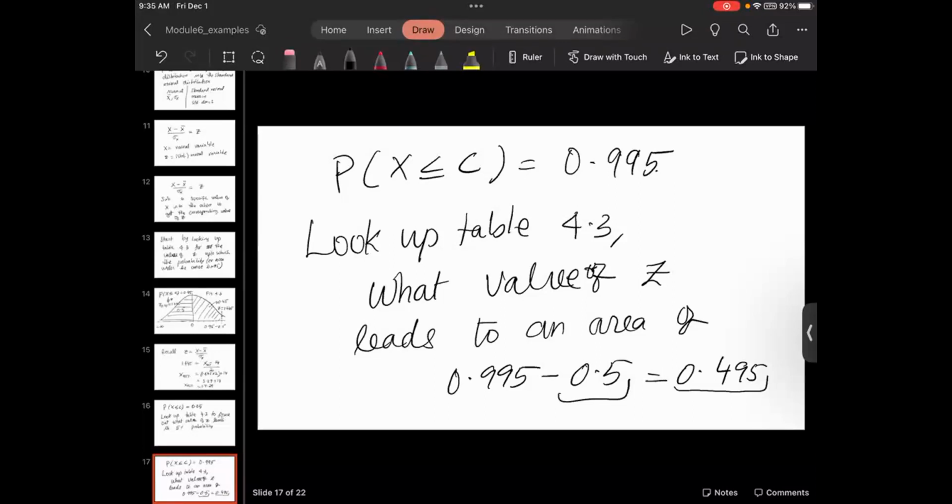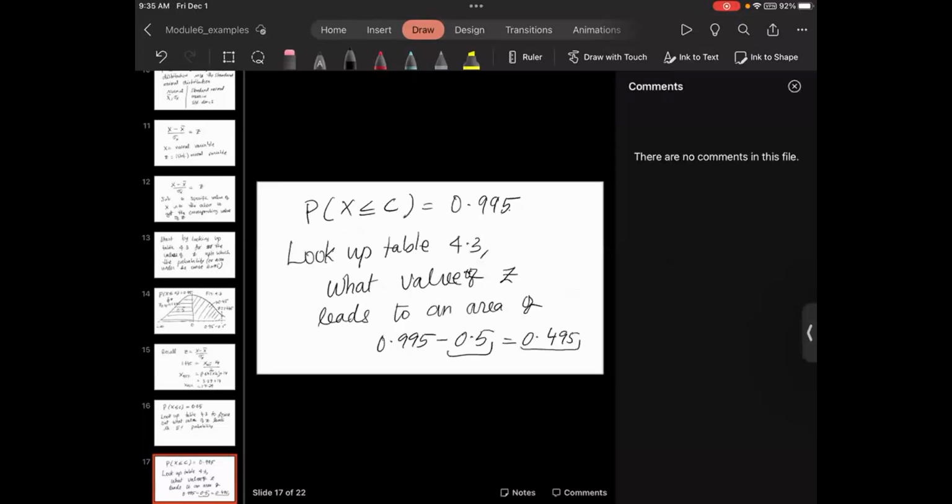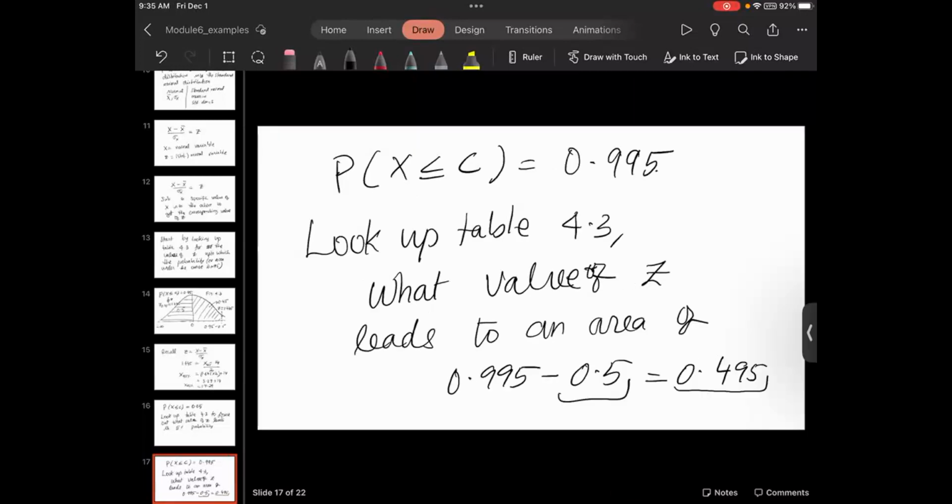It's close to 2.57. We'll call it 2.575. So Z is approximately 2.575.